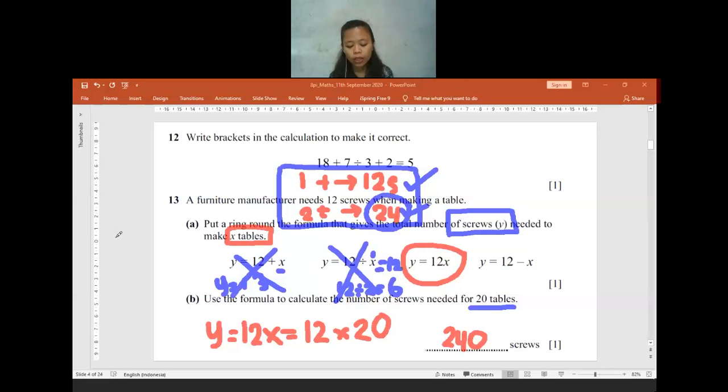That's why it will be better if later you try to print the paper, all of the checkpoint preparation papers for maths, for science, for English. I think the teachers already uploaded all of the PDF files. You can try to download it. After that, you can print it. So later you can directly write the answer on your printed paper.